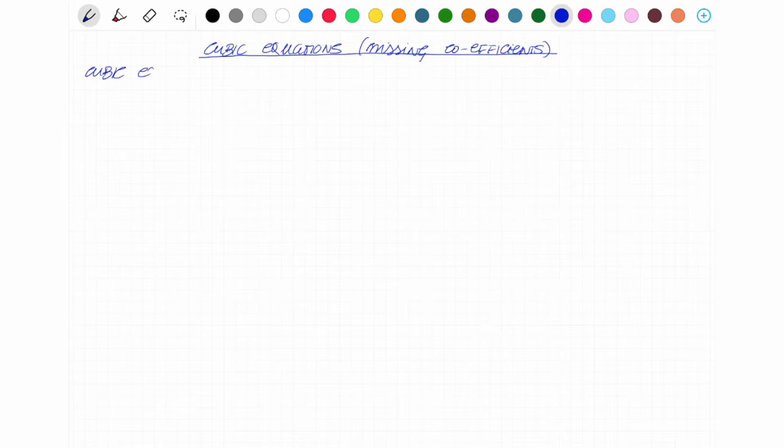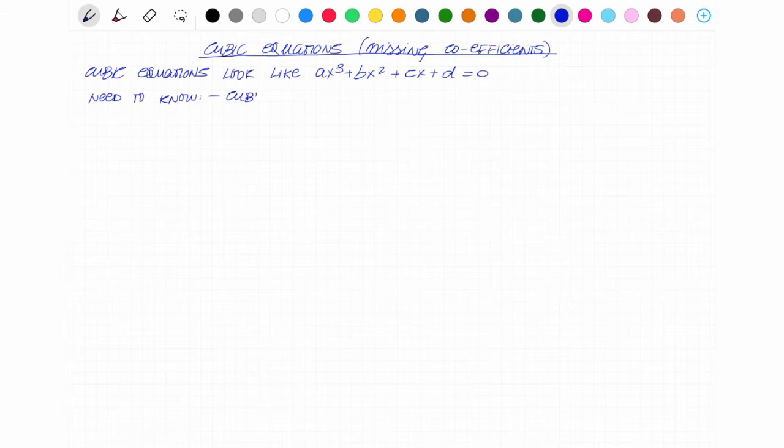Now your cubic equations, they always look the same, so you need to know how to identify them. They're going to have one cubic term and then everything below that. And there are a couple of things that you need to know to solve these things.